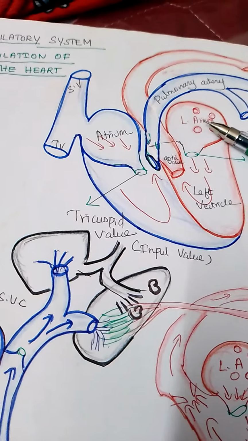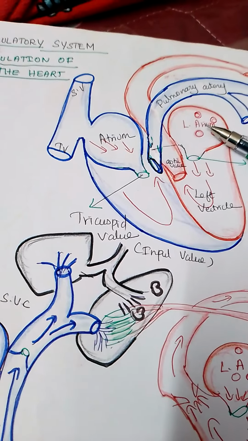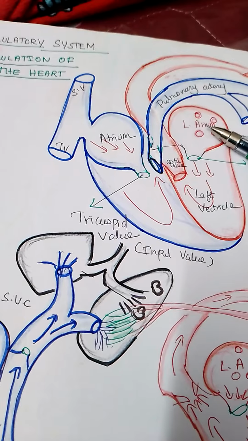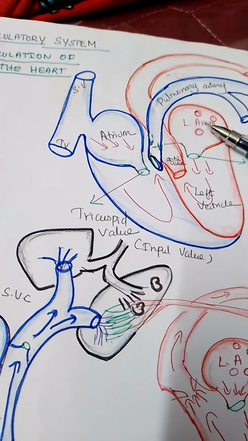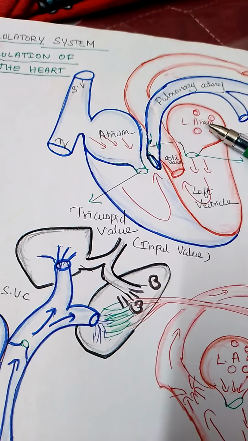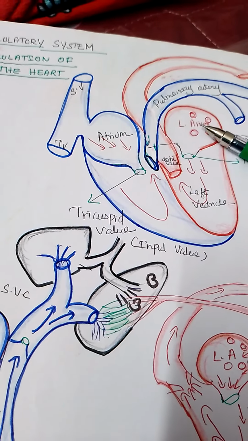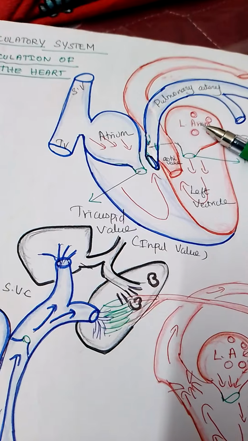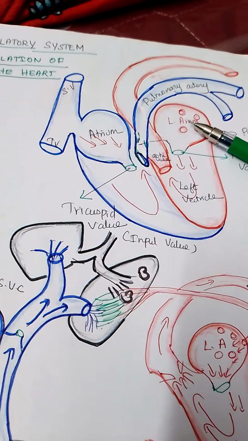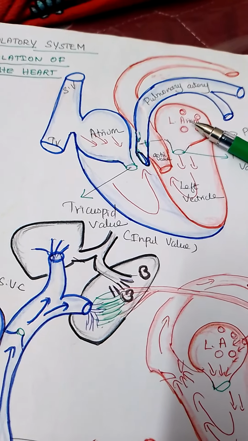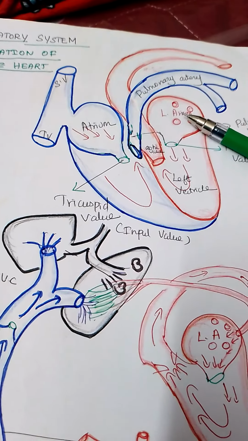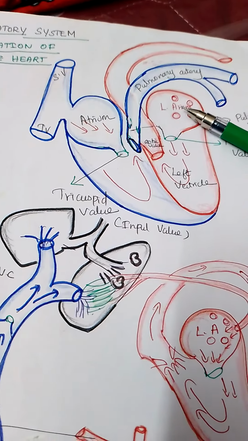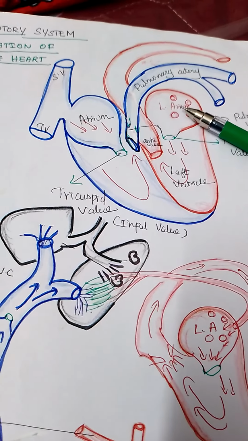So now we have seen the right atrium, the superior vena cava and the inferior vena cava. The pulmonary artery takes the blood to the lungs via medium and small-sized arterioles. In the lungs the blood gets oxygenated, and it is carried by the capillaries, which are called exchange vessels.